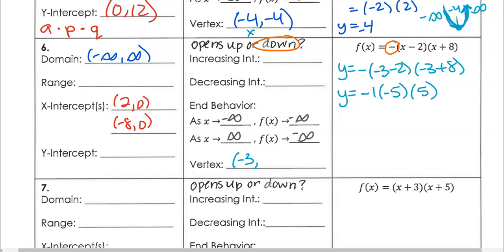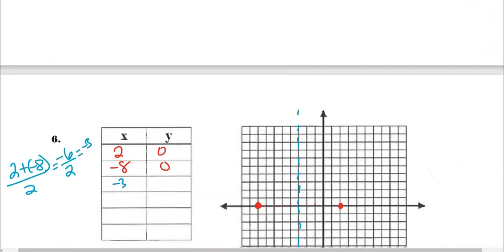All right. Let's multiply. -1 times -5 is +5, and then +5 times 5 is 25. Oh, we're going off the grid again. Our vertex is -3 and 25.